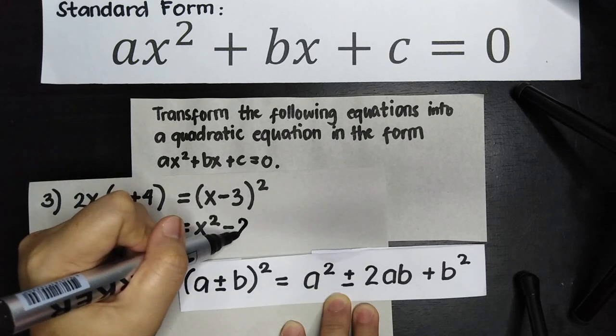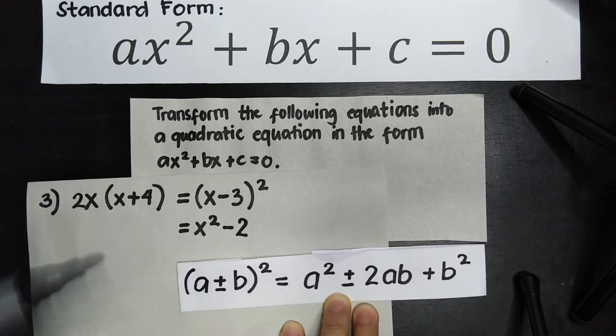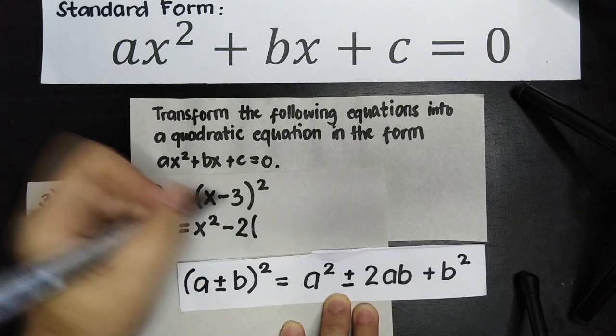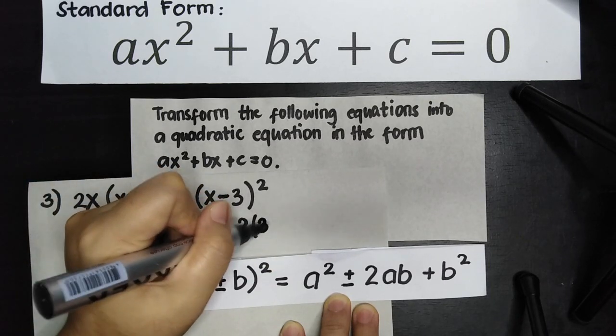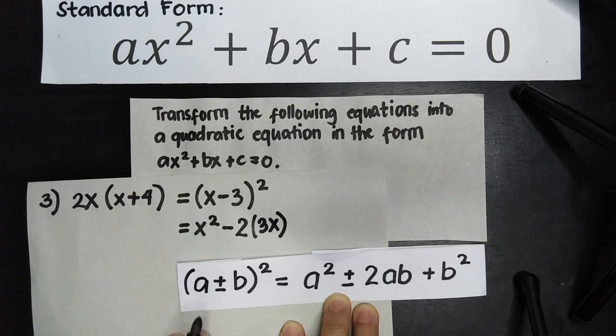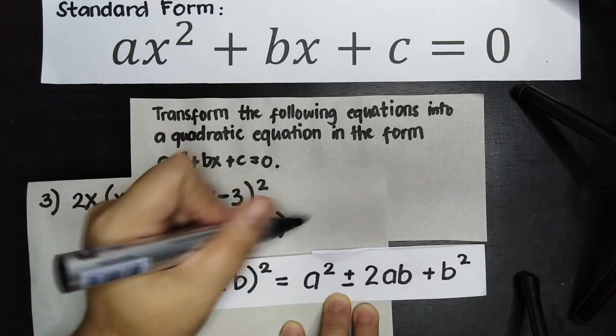And then, we have 2, so, twice AB. AB means you multiply the first term and the second term. So, times x and 3. So, x times 3, that would be 3x. Okay? And then, positive b squared.